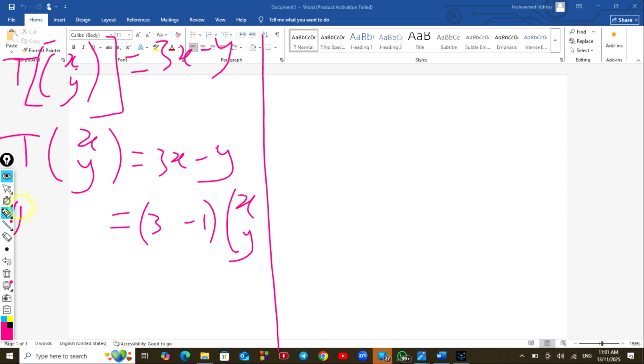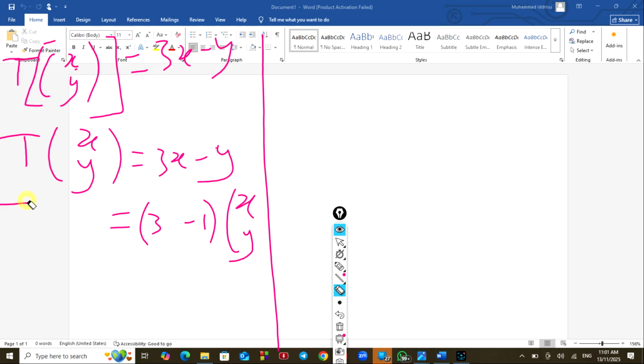So the transformation of xy is equal to 3 negative 1 multiplying xy. So if we perform this operation, 3 times x, 3x minus 1 times y, y.